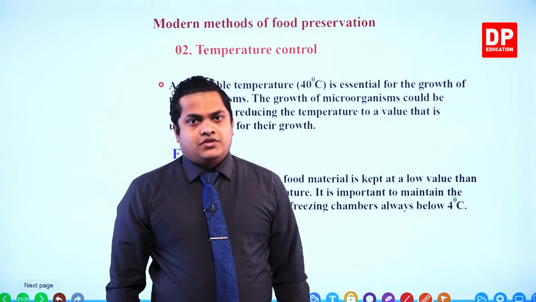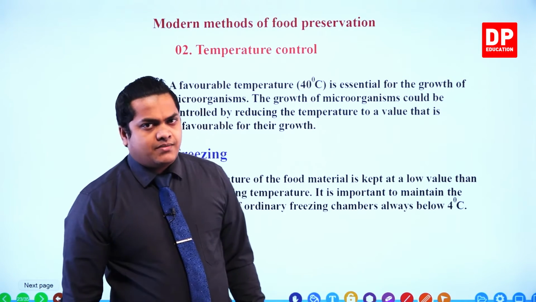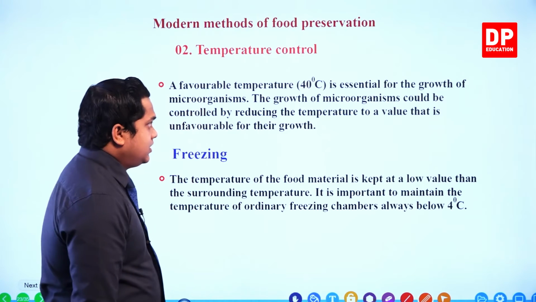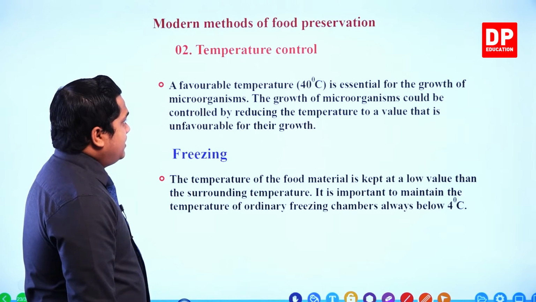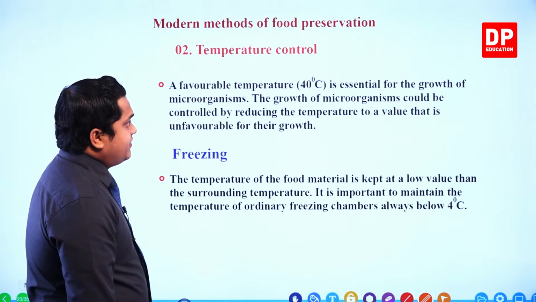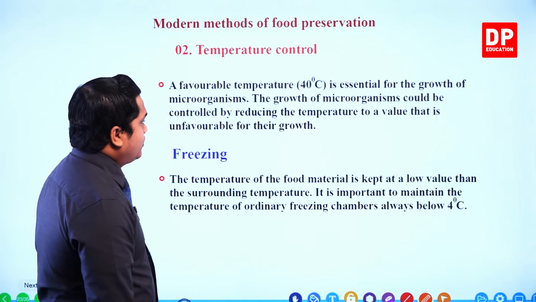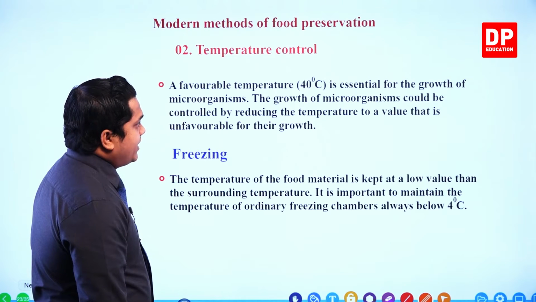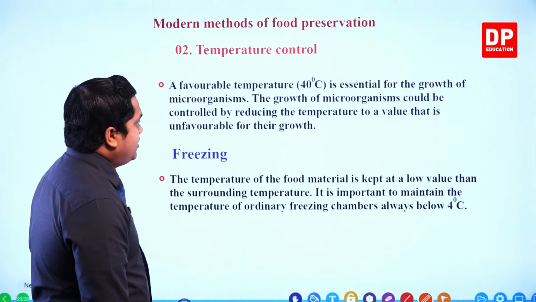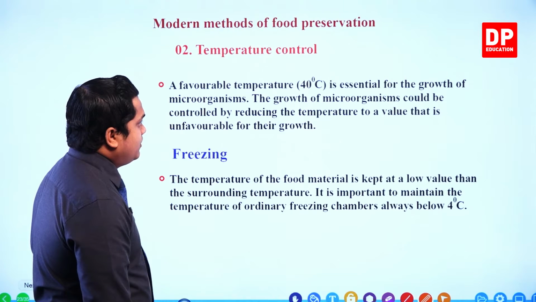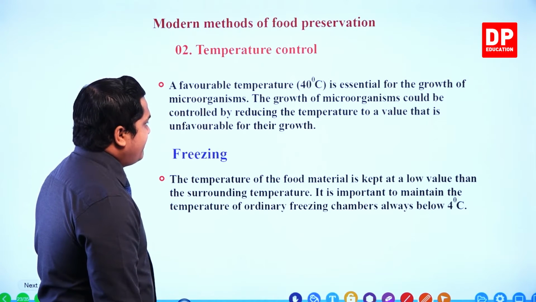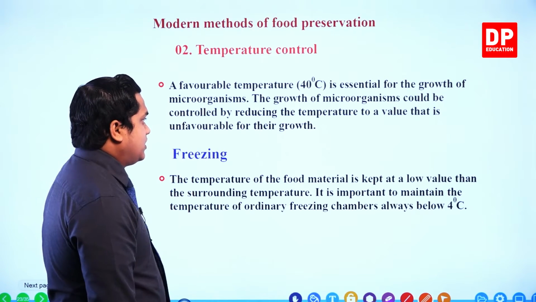So let's see what temperature control is. A favorable temperature, here it is given as 40 degrees Celsius, is essential for the growth of microorganisms. The growth of microorganisms could be controlled by reducing the temperature to a value that is unfavorable for their growth.